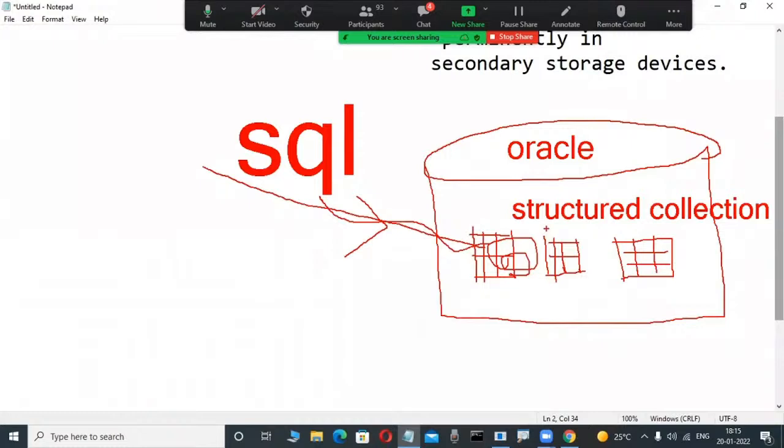But databases like MongoDB are different. There is no SQL there, it uses JavaScript and similar languages. But SQL is a separate language, through which we operate on data in these types of databases.